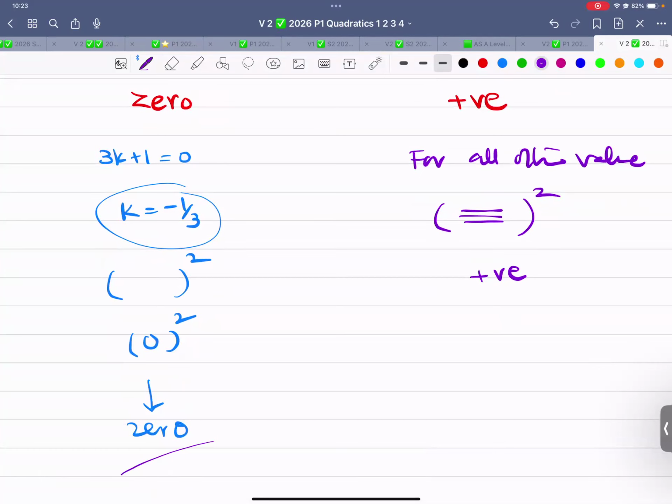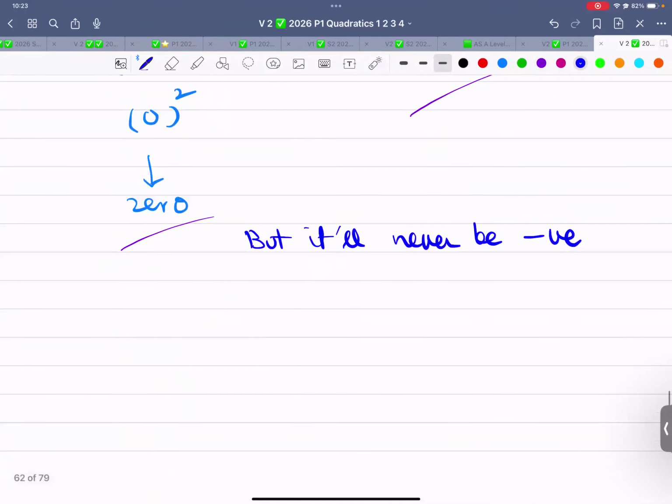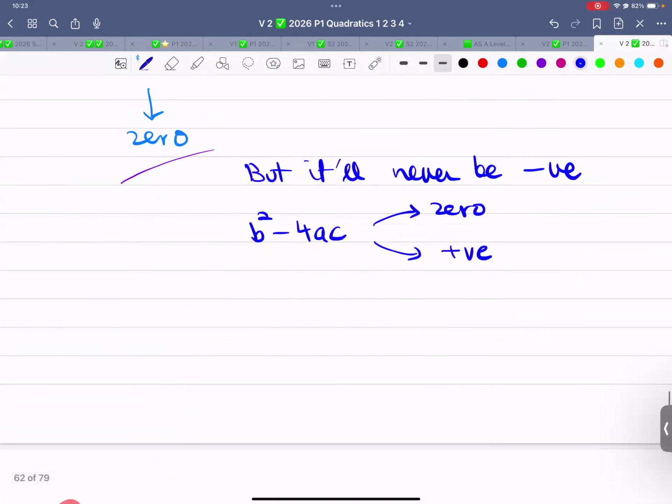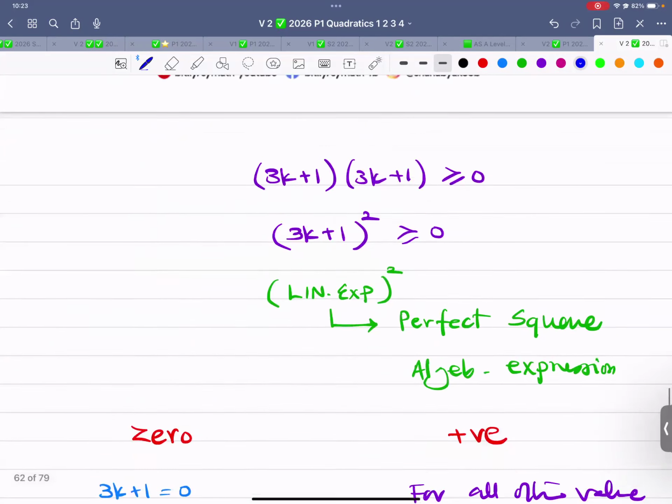So it can either be 0, it can be positive, but it will never be negative. So hence we have proven our point that b squared minus 4ac can be 0. b squared minus 4ac can be positive. In other words, b squared minus 4ac is greater than or equal to 0. When this is the condition, the line will always meet the curve, whether it meets at 1 point or whether it meets at 2 points.